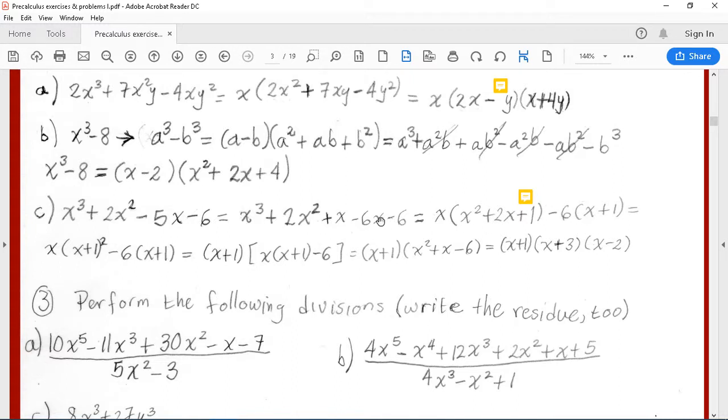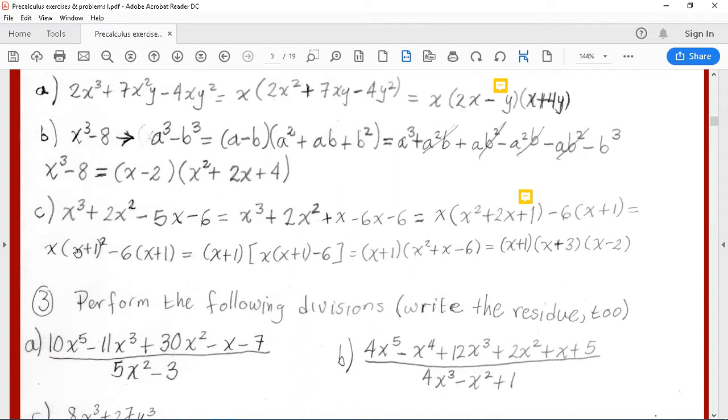And here I can factor out this minus 6, and I'm left with minus 6 times x plus 1. So I know then that x squared plus 2x plus 1 is x plus 1 squared. So I have x times x plus 1 squared minus 6 times x plus 1.